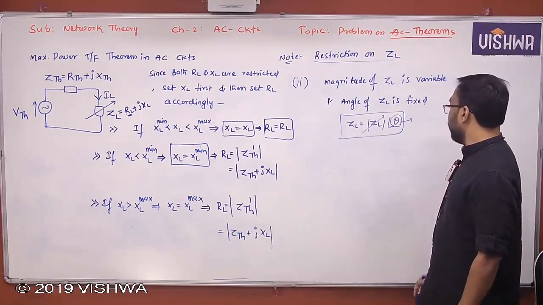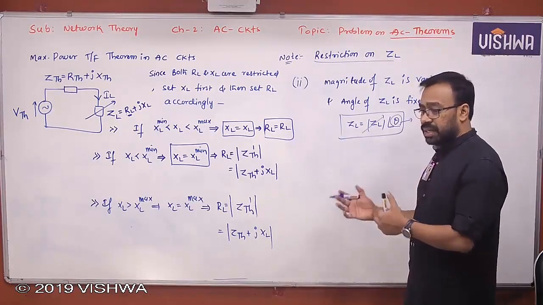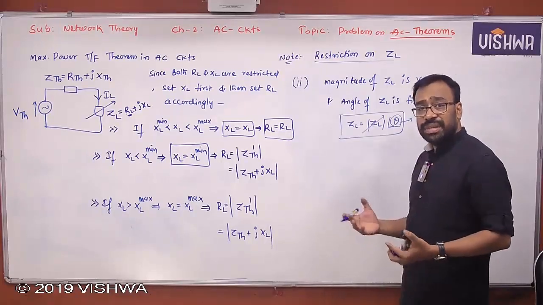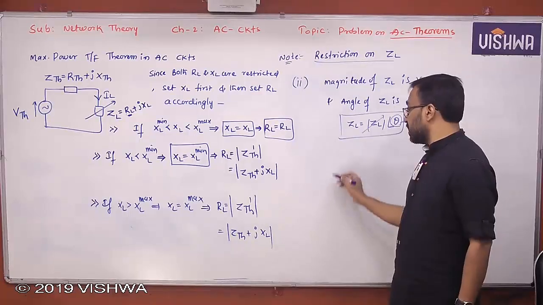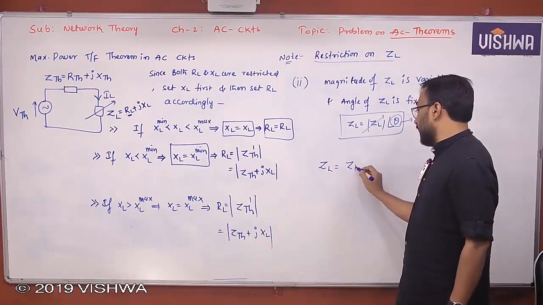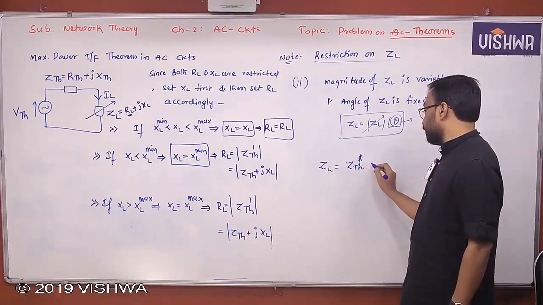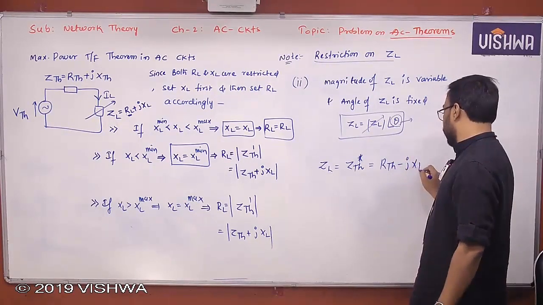Now, according to the maximum power transfer theorem, when you have a ZL at an angle of theta, that is nothing but RL plus jXL. First, the condition for maximum power transfer is ZL equal to ZTH conjugate. This is nothing but RTH minus jXTH.